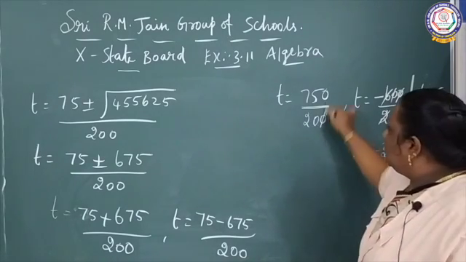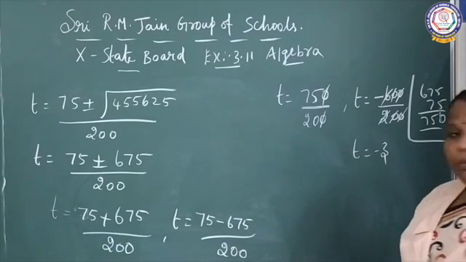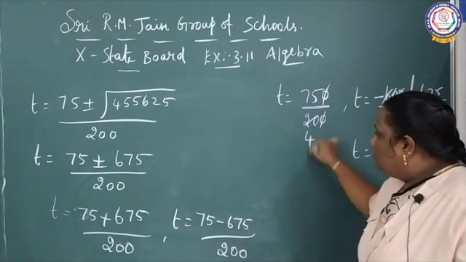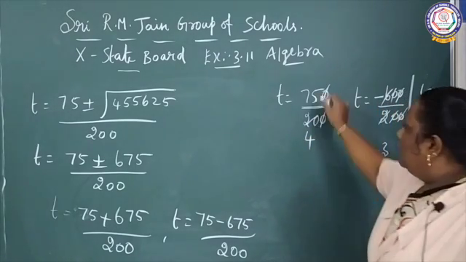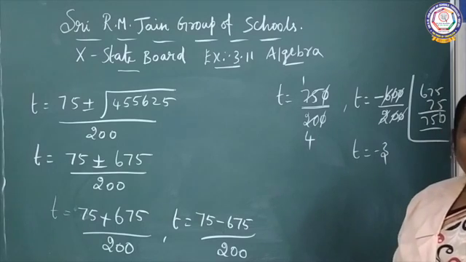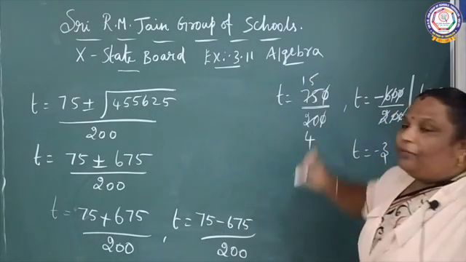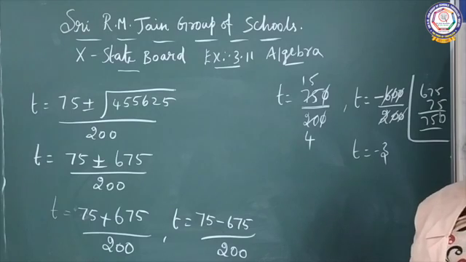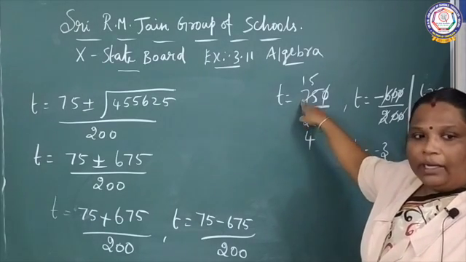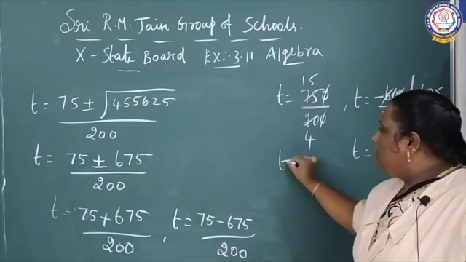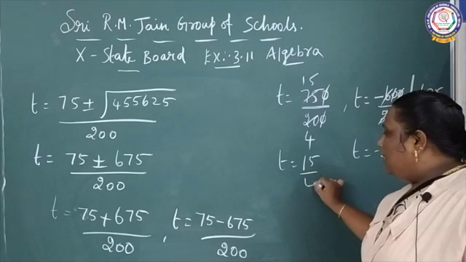Here you should cancel 750 by 200 using the 5 table. 5 fours are 20, 5 ones are 5, balance 2, 5 fives are 25. So t equals 15 by 4.